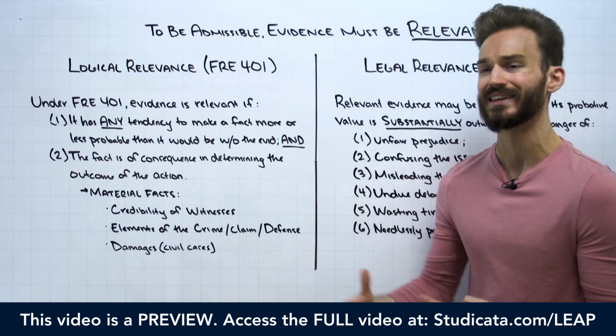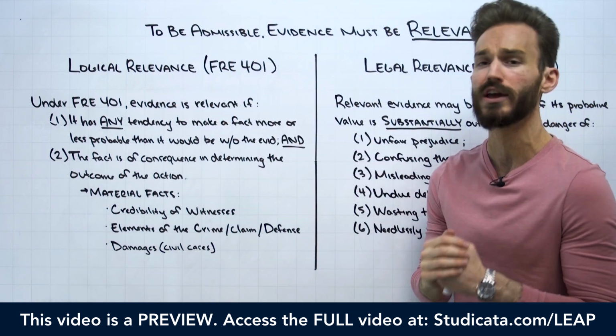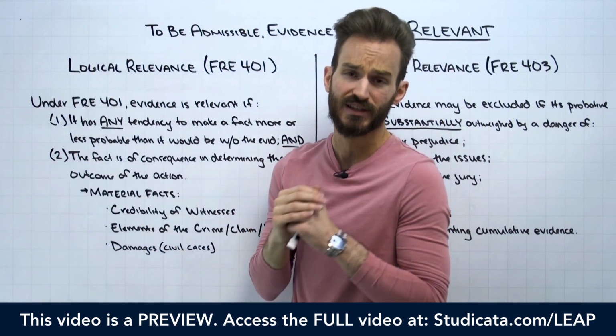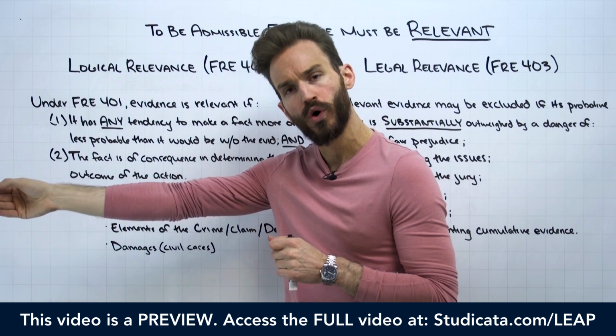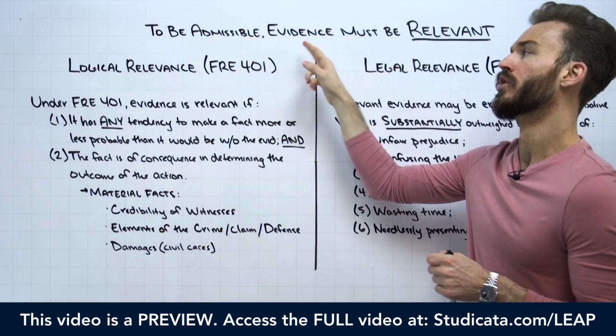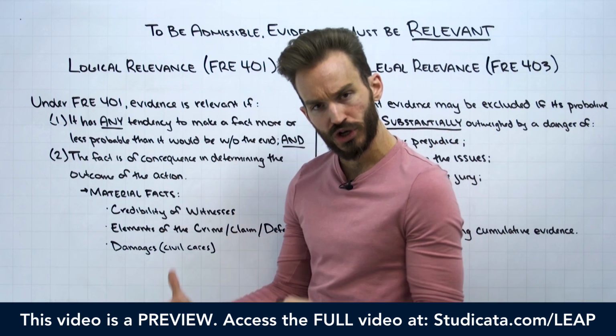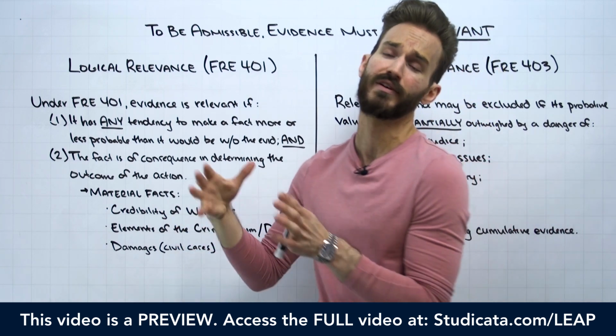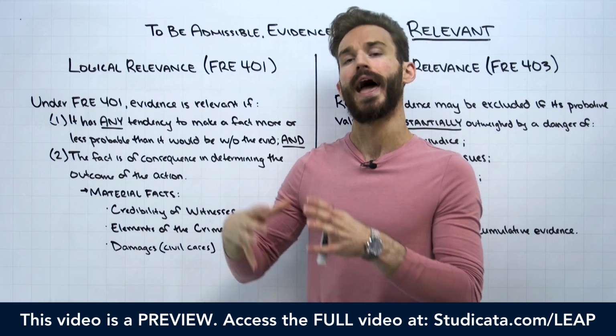And remember, we said that the gateway issue, the first hurdle that each piece of evidence has to get over to be admitted into court, is this idea of relevance. Rule 402 of the Federal Rules of Evidence tells us that irrelevant evidence is not admissible.